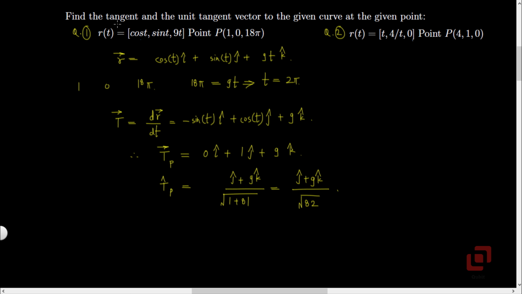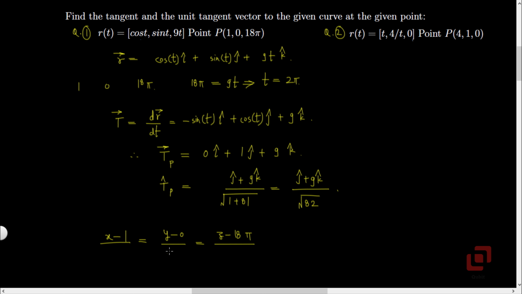If now the question is to find the equation of the tangent line, then we obtain it as follows. We already know the coordinates of the point P. So the numerators of the equation of the line will be x minus 1, y minus 0, z minus 18 pi.